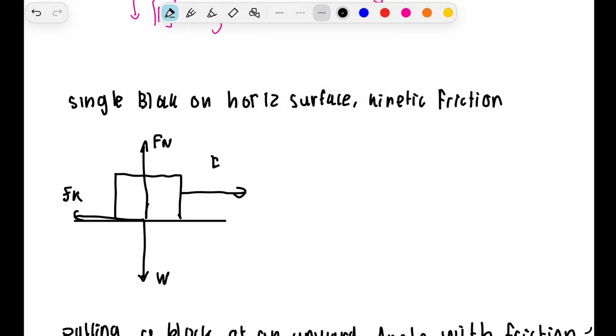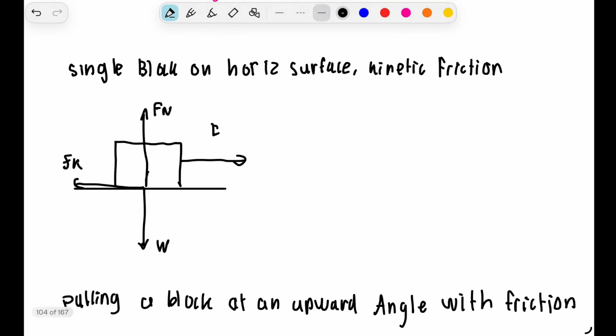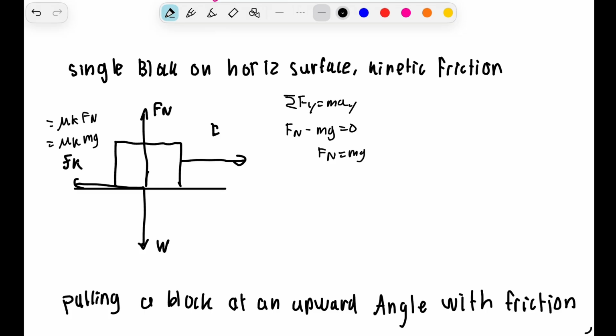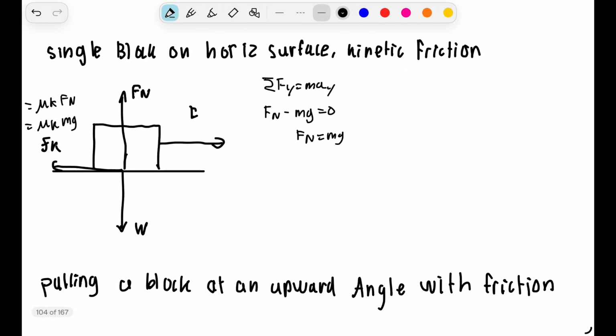We are also going to have the summation of our forces in the y direction equal to ma in y, which is the normal force minus mg, which is equal to 0, and normal force is equal to mg. You're going to have your kinetic friction formula, which is mu k times the normal force, and your normal force was just mg, so that is mu k mg, your force of friction.